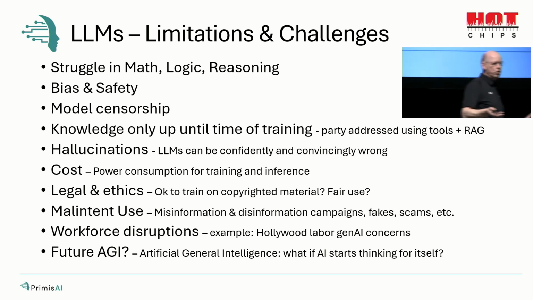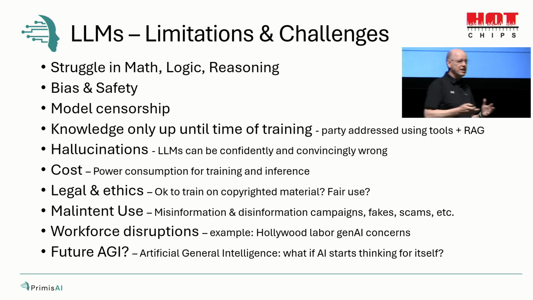LLMs also only know the knowledge up until the time they've been trained. That can potentially be addressed by RAG, so I'll talk more about that. They can hallucinate, I think everybody's familiar. They can convincingly tell you why something is the case, and it sounds very convincing, but it just isn't. There are concerns in the industry about cost, of course, associated with inferencing, the compute costs and associated power of LLMs.